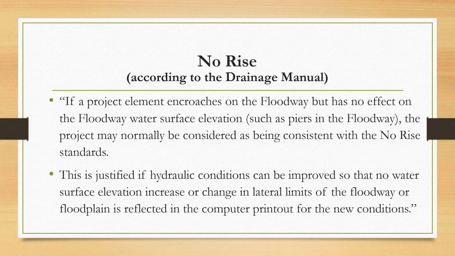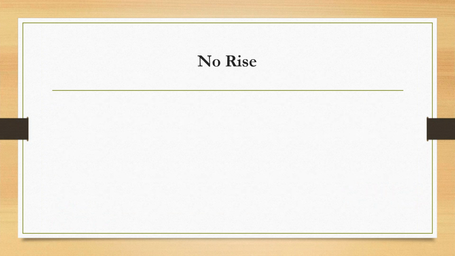Now, the issue that we have with this is that it says the hydraulic conditions cannot change for the floodway or the floodplain. And that is a little bit problematic. When you go to FEMA's language, FEMA has the same language, and that's where the previous writer of the drainage manual got that from.